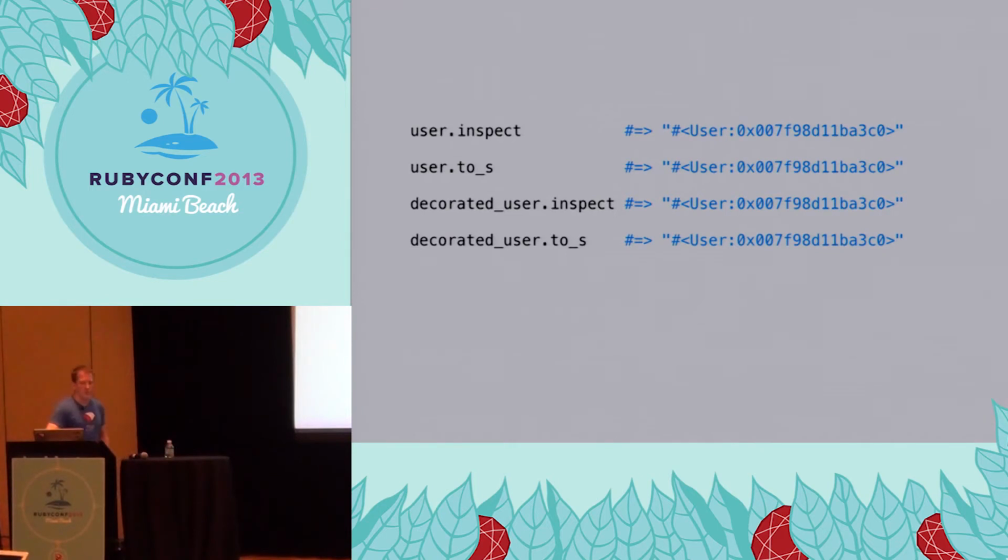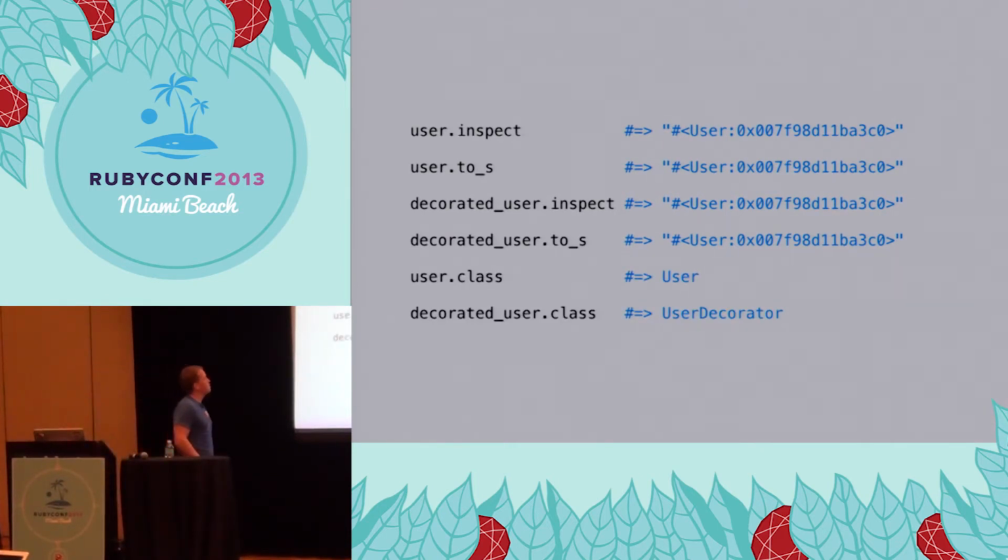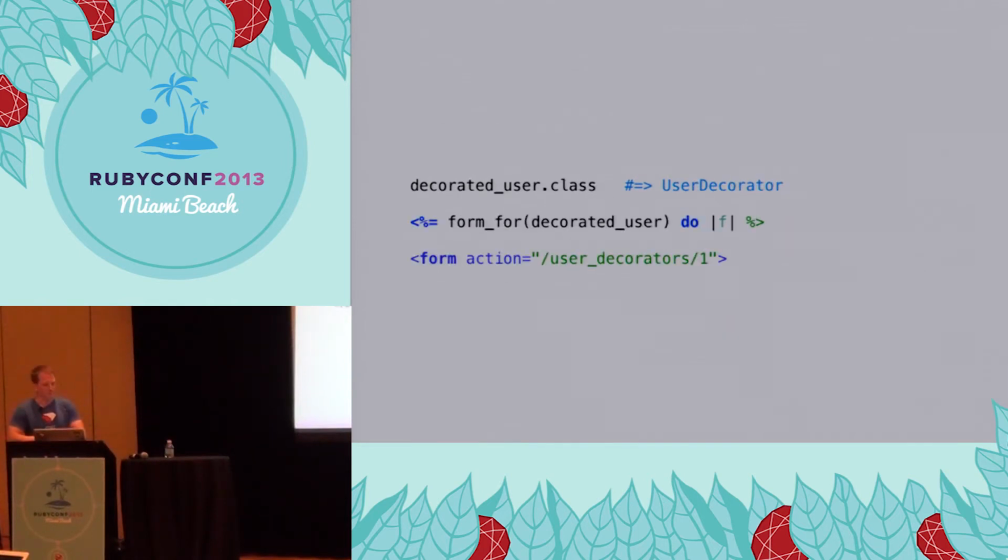The weird thing about it, though, is you run into this case where it doesn't delegate, or it doesn't undefine these and send them on. You still know that you have a user or you have a user decorator. This can become troublesome for you if you use something like that, maybe in a Rails application.